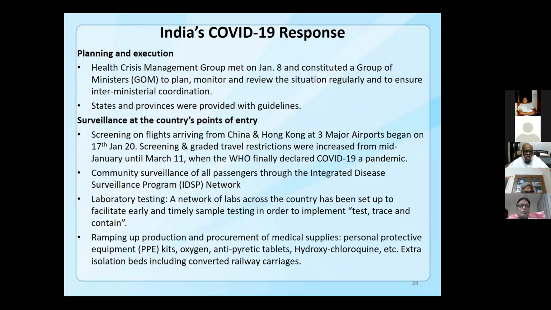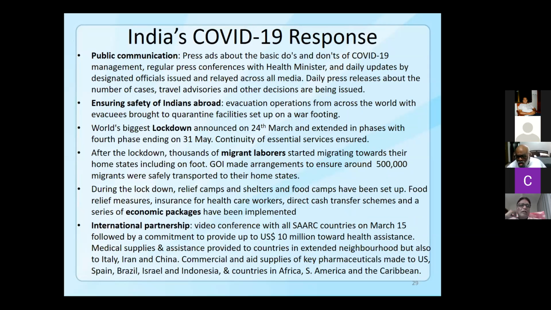Our response, we had good planning, good execution. It was a proactive planning and execution. We also had surveillance at the country's points of entry, public communication, ensuring safety of Indians abroad. World's biggest lockdown, 4 phases, our latest phase ending on 31 May, and we tried to ensure continuity of essential medical services, essential services.